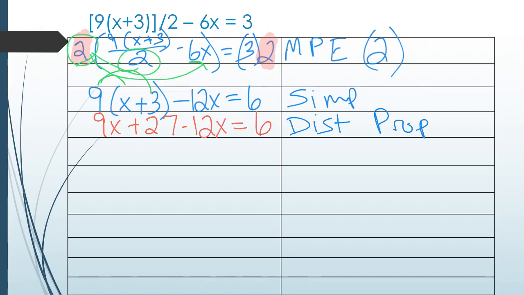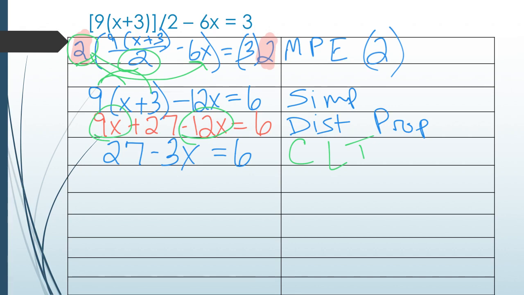That's what happens when I use my distributive property. Well, now I need to combine some like terms. This term and this term are on the same side and are the same. So I'm going to combine like terms. So my next line, I get 27 minus 3x equals 6.